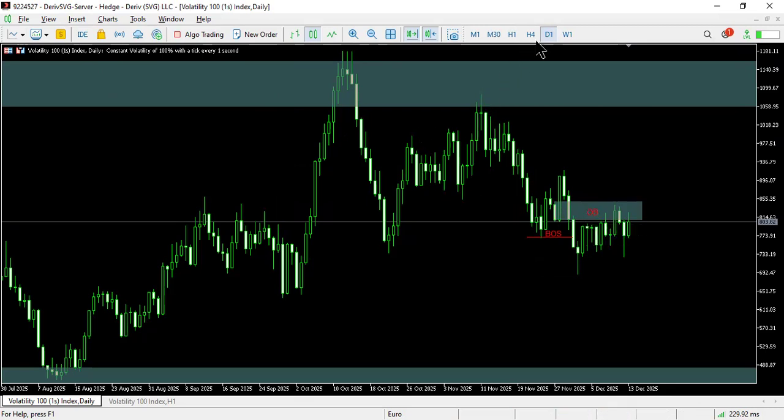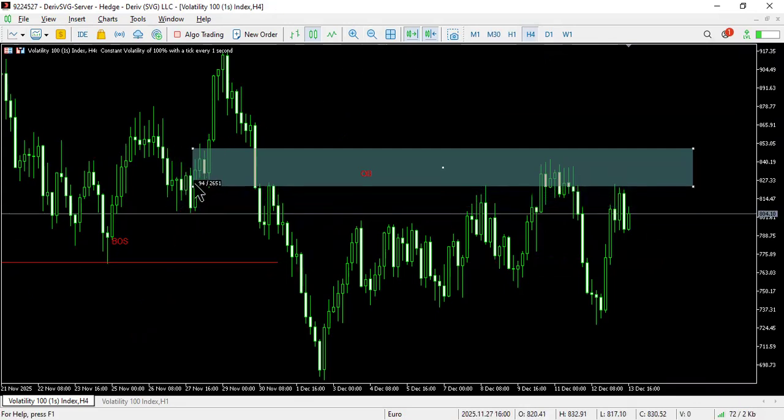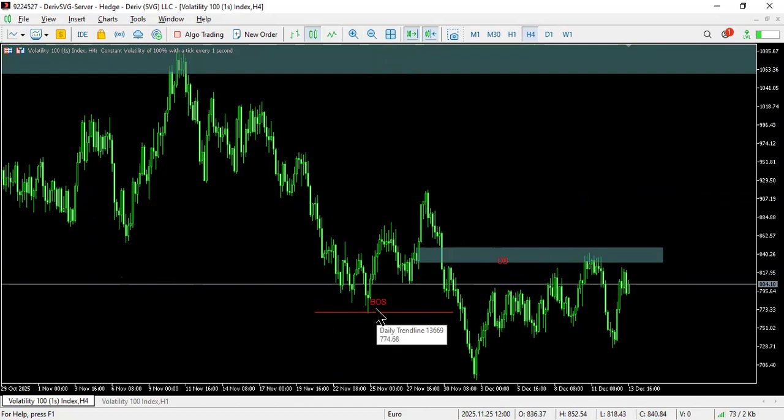And then if we go to the 4 hours time frame, from the 4 hours, that is the order block where price has reacted and it's pushing down. So that is our break of structure.